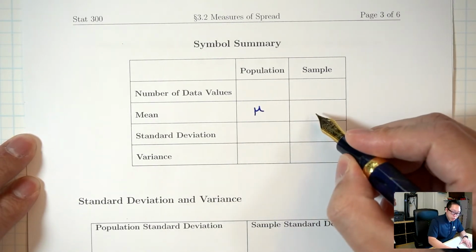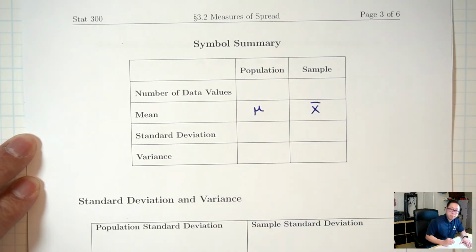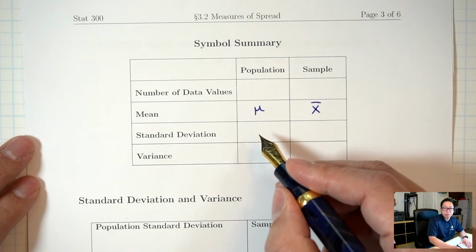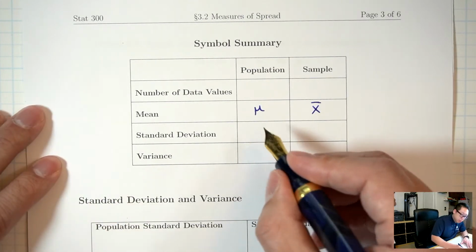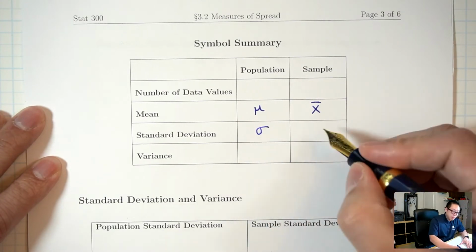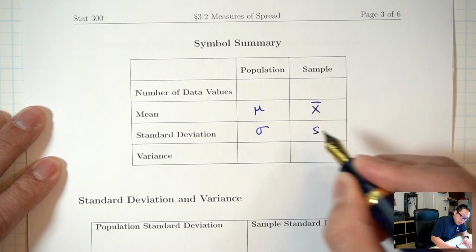If you did the calculation on a smaller subcollection, the symbol is x bar. For standard deviation, if you do the calculation on everybody in the population, the symbol is sigma, the Greek letter sigma. If you did it on a sample, it's a lowercase s.